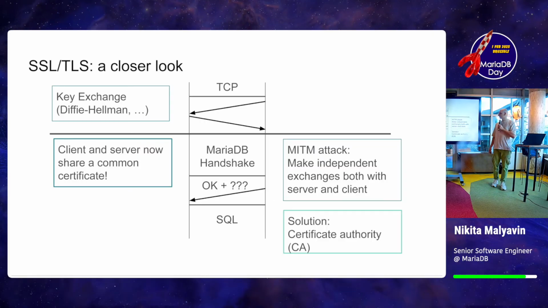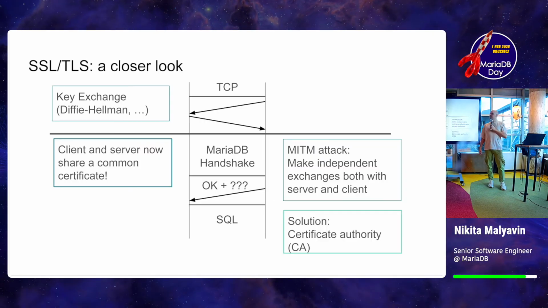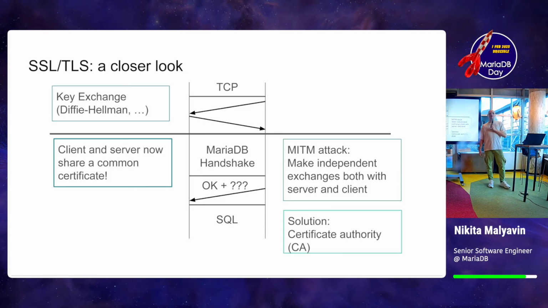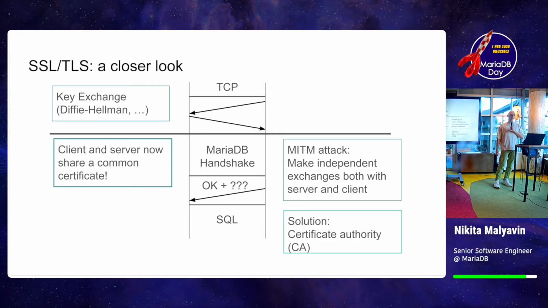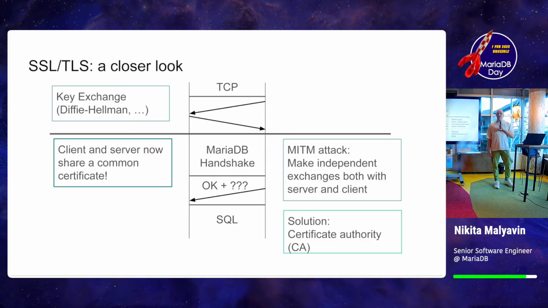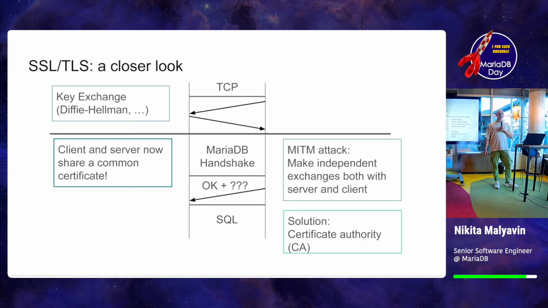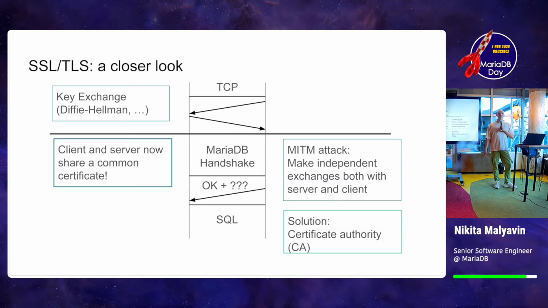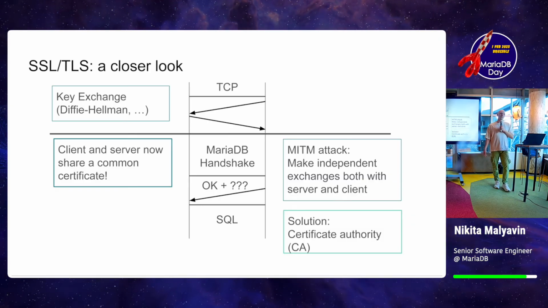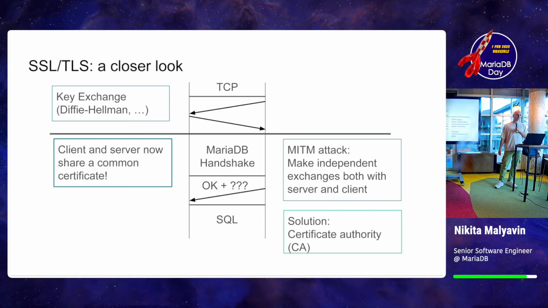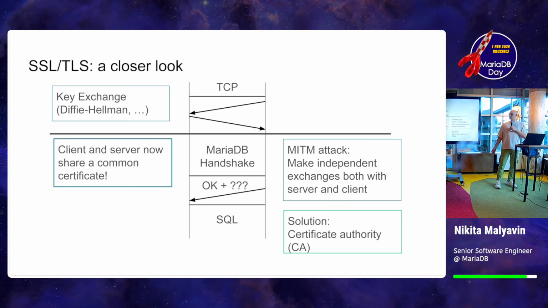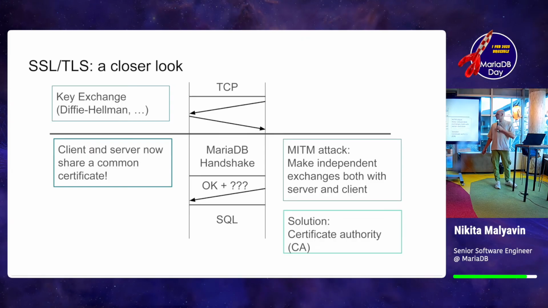The typical solution for that is to have some trusted third party, or as it's typically called, a certificate authority, or CA. And that's how the modern web works since HTTPS and now with QUIC.